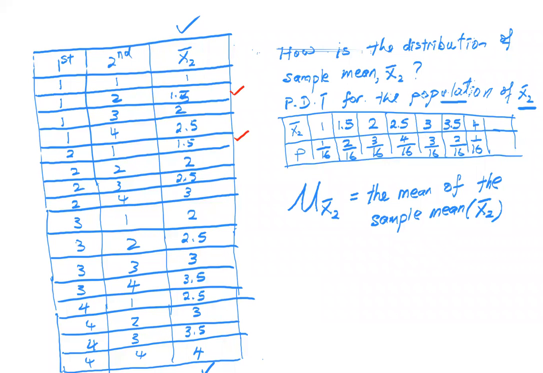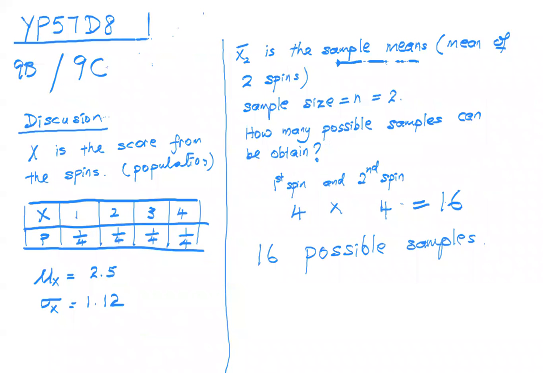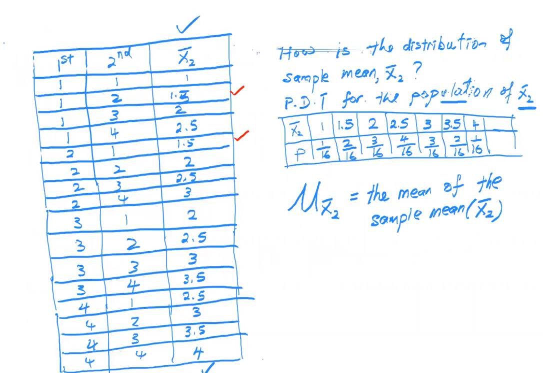And this one, how do you read? This is the mean of the population X. And if I want to read this, I also can say the mean of the population of sample mean. Get me?